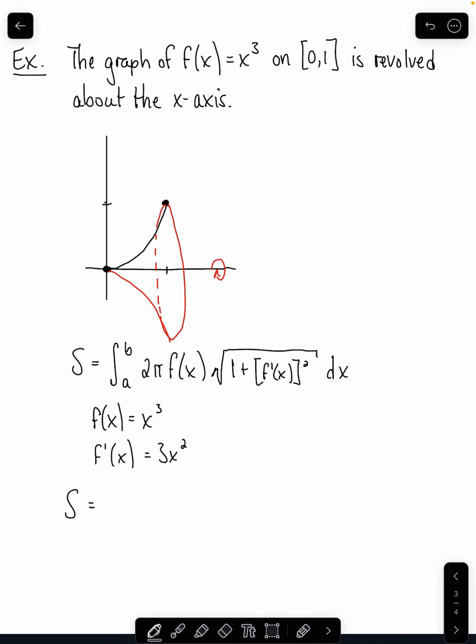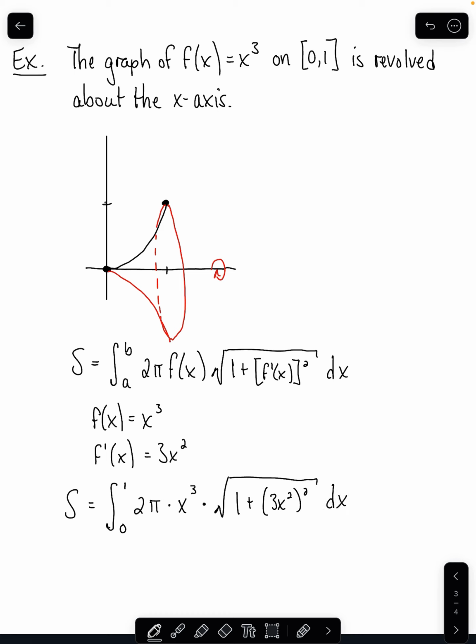So our surface area is going to be given by the integral from 0 to 1 of 2 pi times x cubed times the square root of 1 plus 3x squared squared dx.